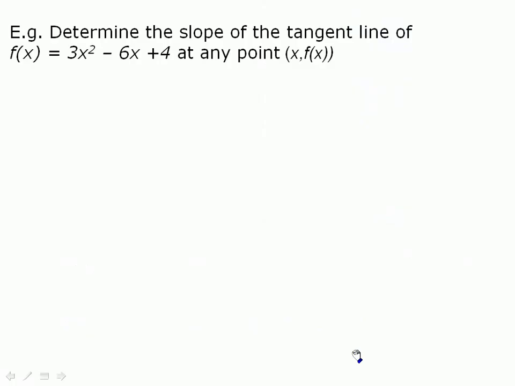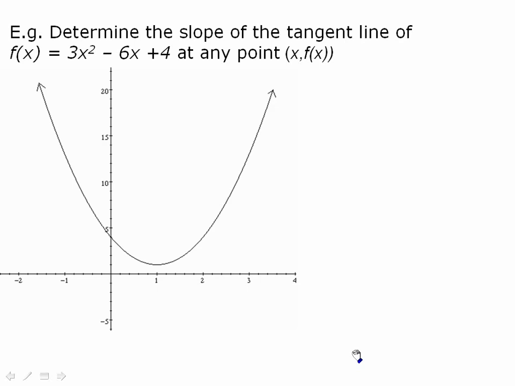So let's do a question like this. Determine the slope of the tangent line of f at x is equal to 3x squared minus 6x plus 4 at any point x comma f at x. Now the graph is right there, and we're not locating it at any specific point, so we could be getting the tangent line there at the very vertex. You might note by inspection that m is equal to 0.